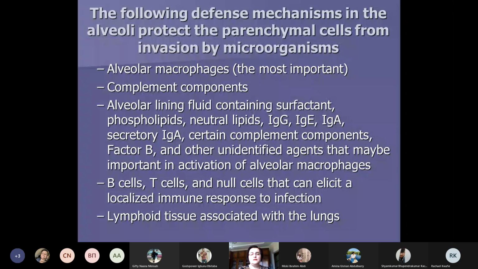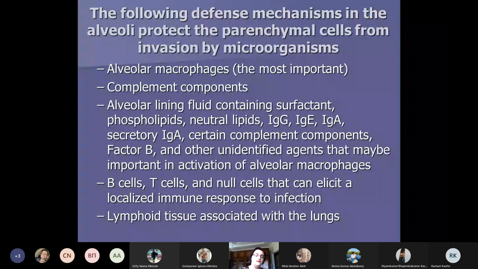The following defense mechanisms in the alveoli protect the parenchymal cells from invasion by microorganisms: alveolar macrophages, the most important; complement components; alveolar lining fluid containing surfactant, phospholipids, neutral lipids, immunoglobulin G, immunoglobulin E, A, and secretory immunoglobulin A; certain complement components, factor B, and other unidentified agents that may be important in activation of alveolar macrophages.